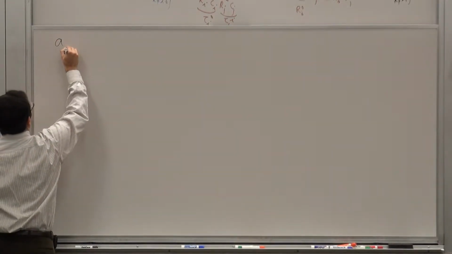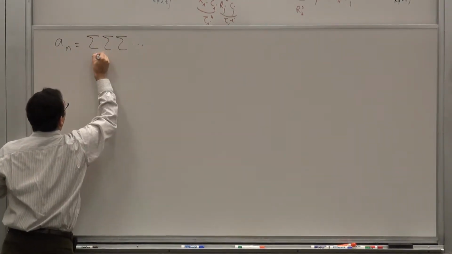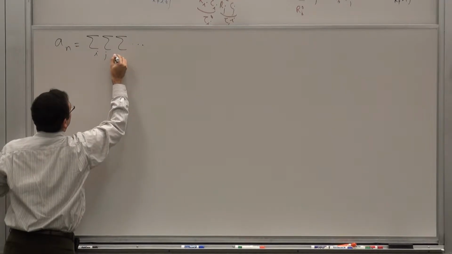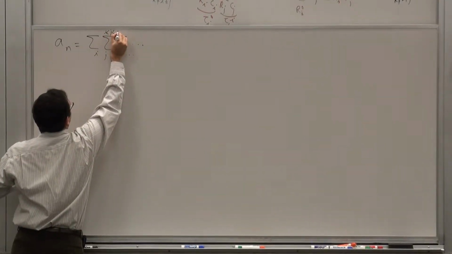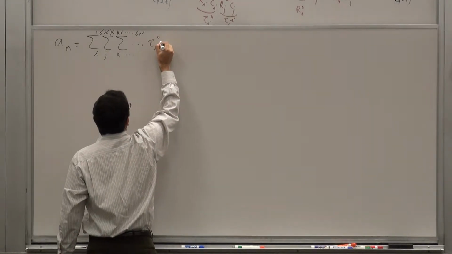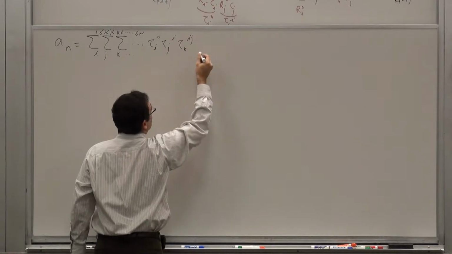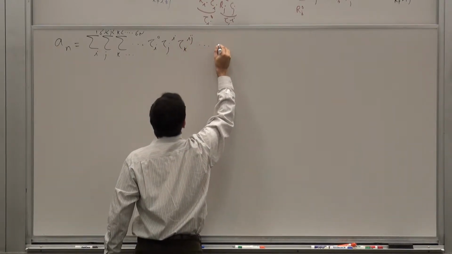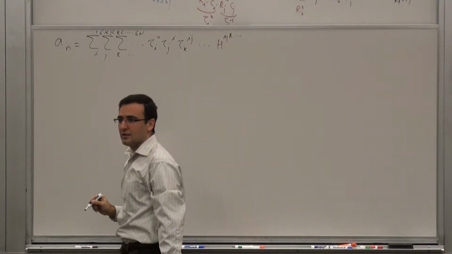And then you will see that your An is n sums i, j, k, etc., where i smaller than j, smaller than k, all the way to smaller than or equal to n, greater than or equal to 1, tau i0, tau ji, tau kij, the next one would be tau lijk, etc., times Hij, all the indices.